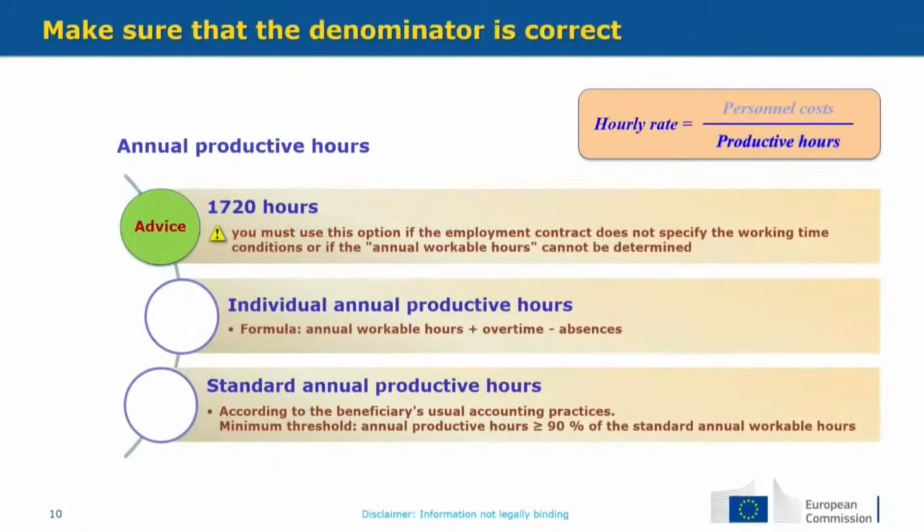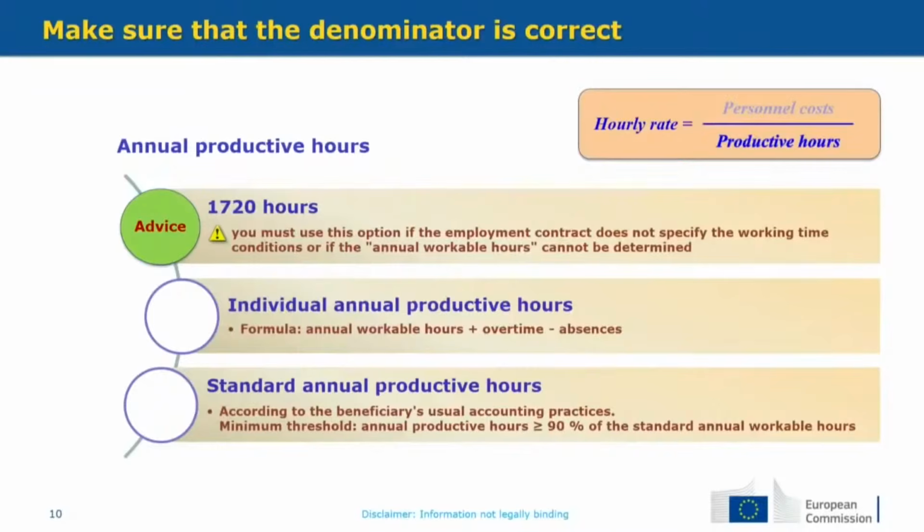For the denominator, so for the lower part of the equation to calculate the hourly rate, the advice, as my colleague said as well, is to really use option 1, 1,720 hours. This has, let's say, the least possibility of making errors.